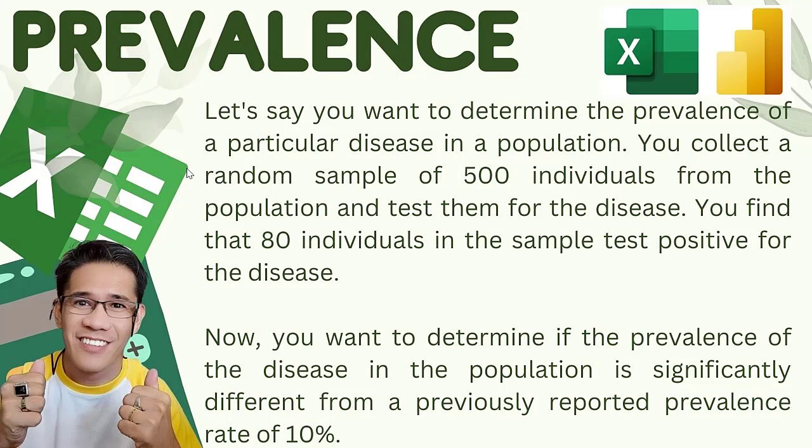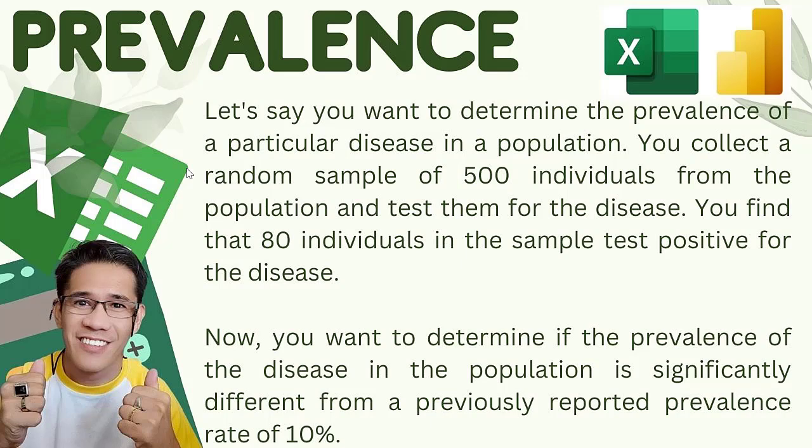Okay, so as you all know, COVID is now decreasing, meaning to say the cases of COVID-19 are decreasing nowadays. However, there were previous studies conducted about the prevalence of COVID-19 in 2020, 2021, and so on and so forth.